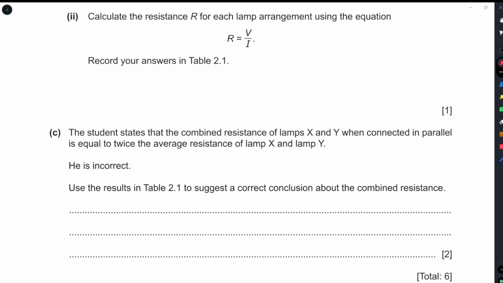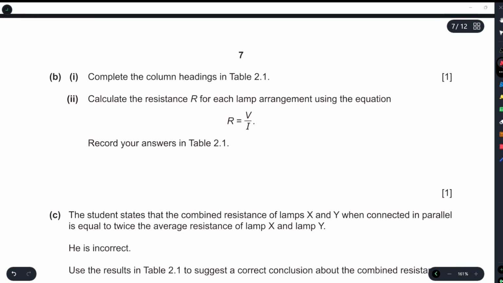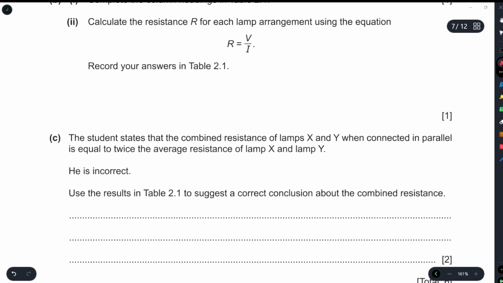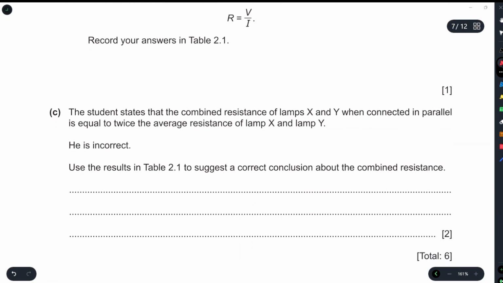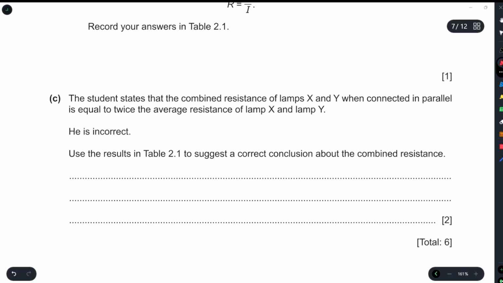Use the results to suggest a correct conclusion about the combined resistance. So in that case, अब question एक बार वापस से पढ़ लेते हैं. Student states that the combined resistance of X and Y when connected in parallel is equal to twice the average resistance of X and Y. He is correct. Okay.